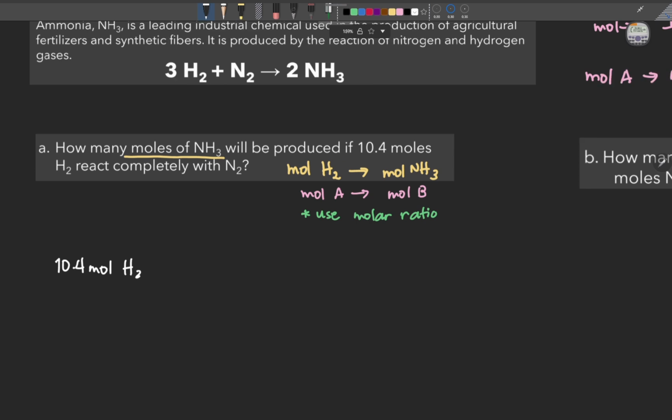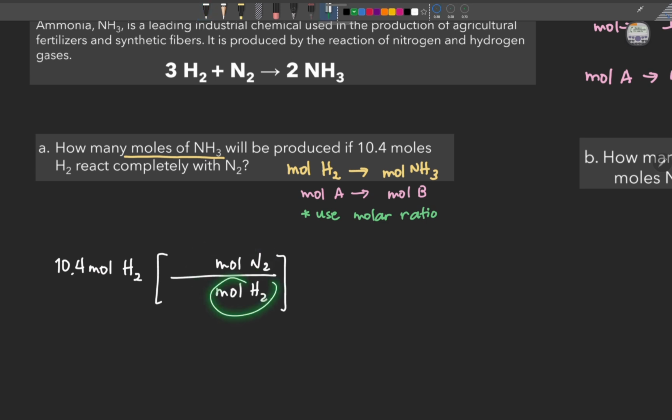You have to convert H2 to mole of NH3, so you multiply this by mole of NH3 over mole of H2, with H2 in the denominator so that you will cancel it. What will be the values here?